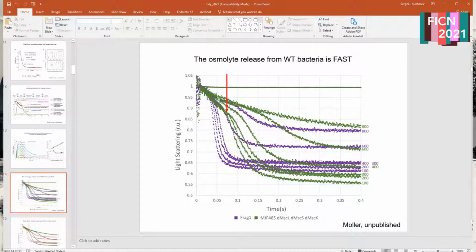You see that the swelling of the triple knockout leads to the release of osmolytes, but this is the signature of death because the release takes place through non-specific cracks. So all this time up to the red arrow is the time when there is still a chance to rescue. And then you see that mechanosensitive channels kick in, and right in the middle of this period of swelling, they immediately drop the internal osmolyte concentration. That's how they save it. That's the wild type behavior.